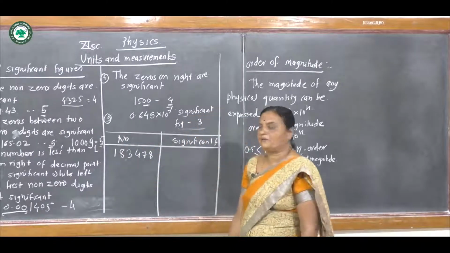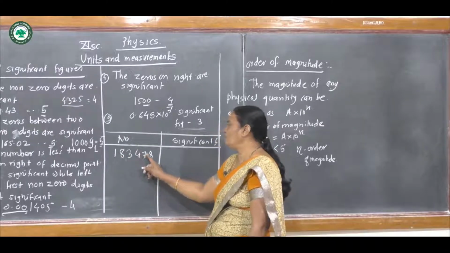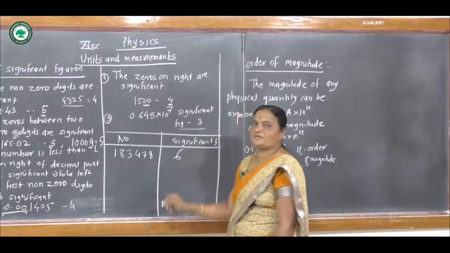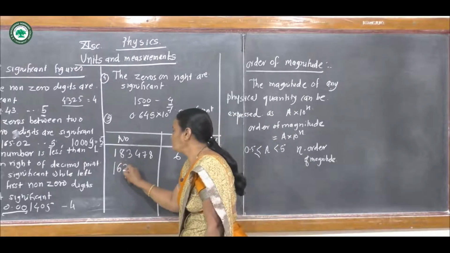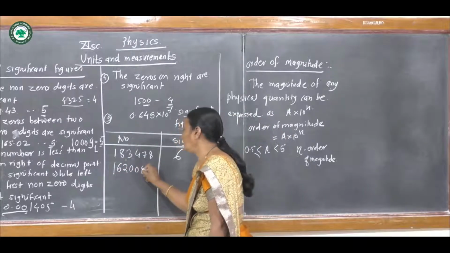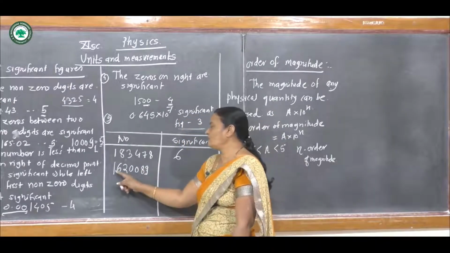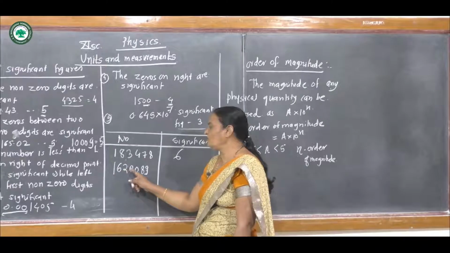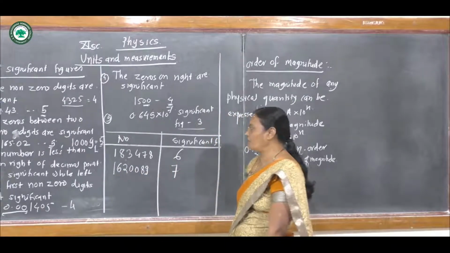The significant figures are 1, 2, 3, 4, 5, 6. 6 is the significant figure. Then suppose 162008. In this case, the significant figures are 1, 2, 3, 4, 5, 6, 7. 7 is the significant figure.